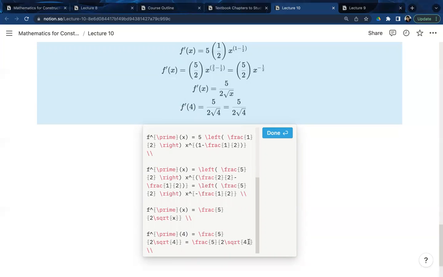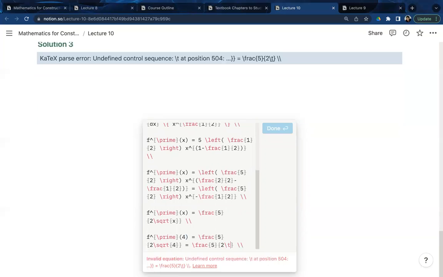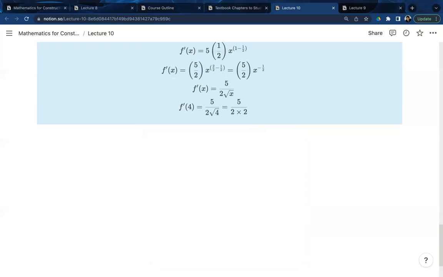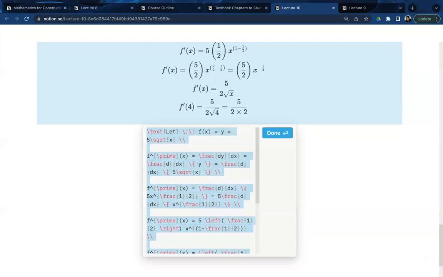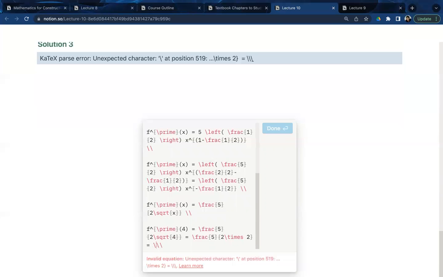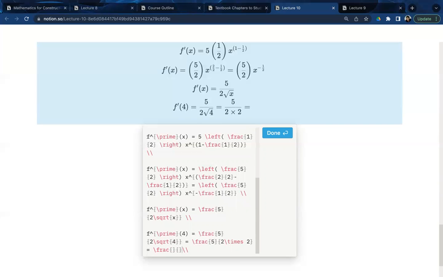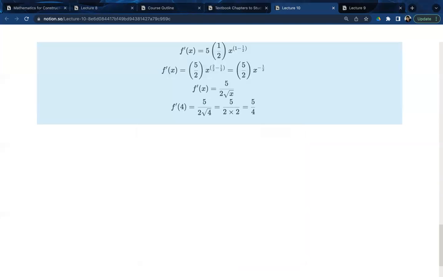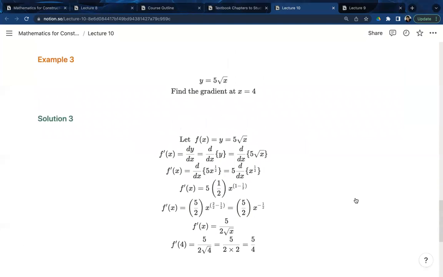So this is 5 over 2 times 2, that's 5/4. So if this is your function and x equals 4, the gradient is 5/4 at x equals 4.